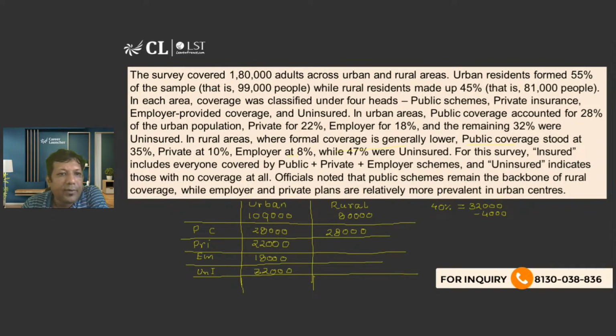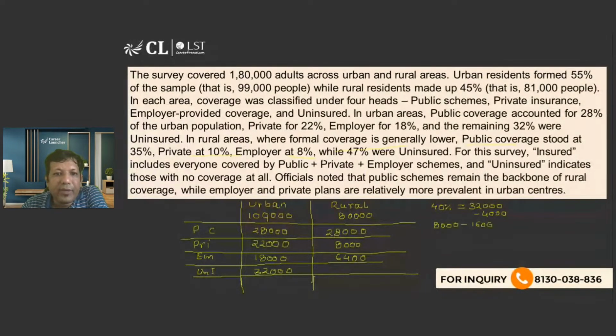Then we have private at 10%, that is 8,000. Employer is 8%, which means 10% minus 2%. So 8,000 minus 2%. 1% is 800, so 2% is 1,600. That comes out to be 6,400.